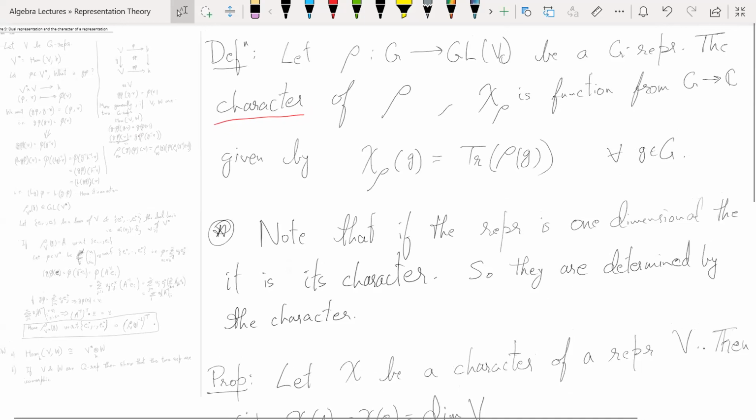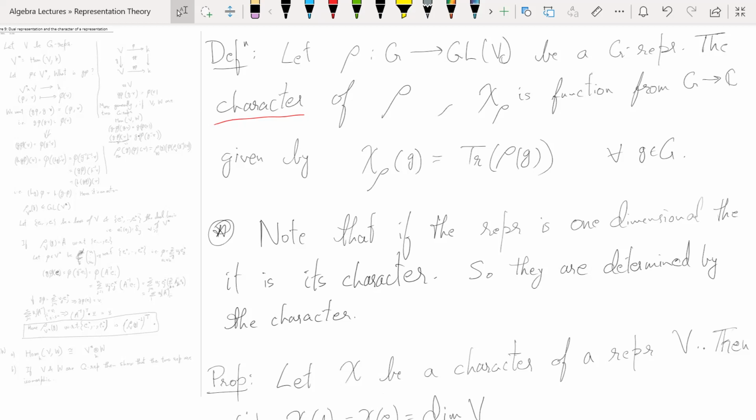So let rho be a G representation. Then the character of rho, which is denoted by chi sub rho, is a function from G to C. I guess the base field C is not necessary, but maybe for some proposition it is necessary. You can define the character of any representation; K need not be any specific field.